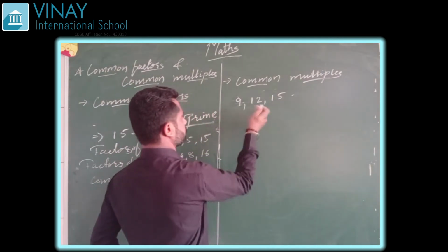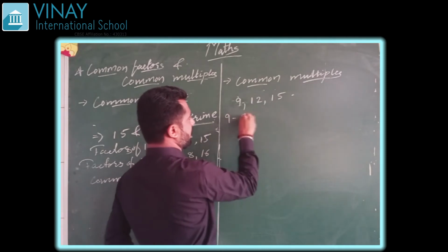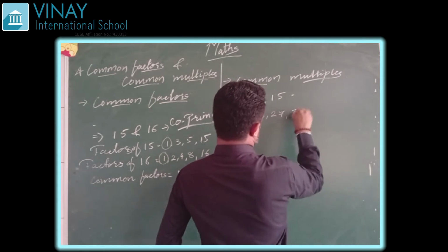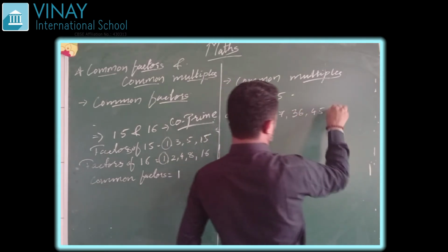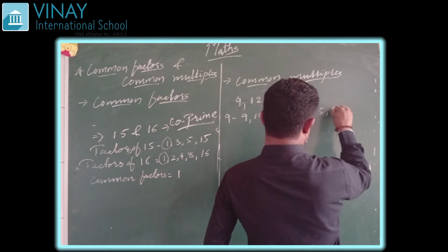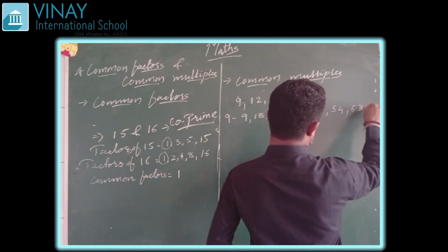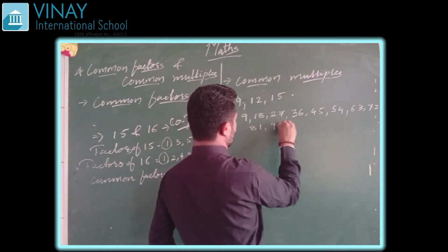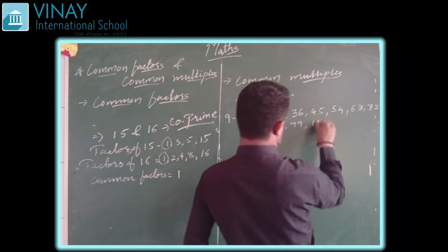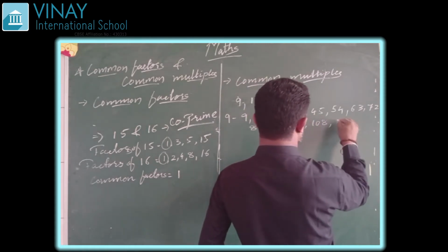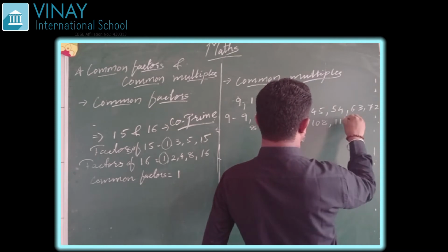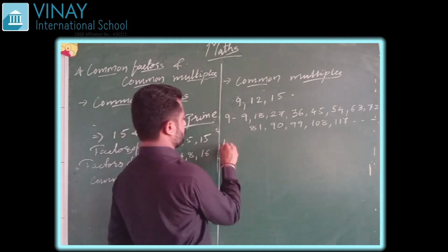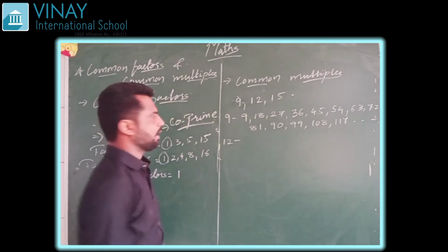So, multiples of 9 are 9, 18, 27, 36, 45, 54, 63, 72, 81, 90, 99, 108, 117, and so on.